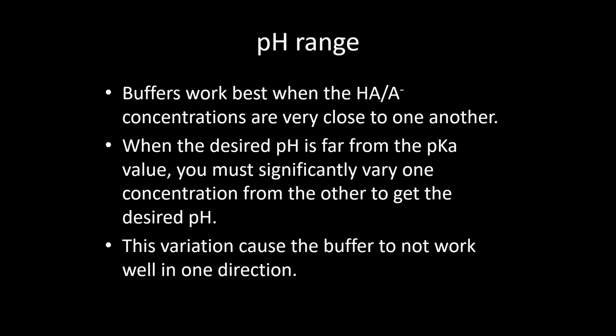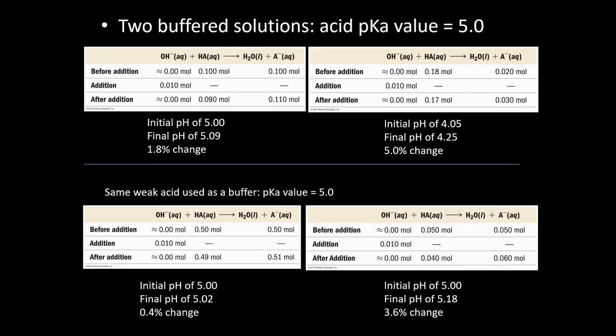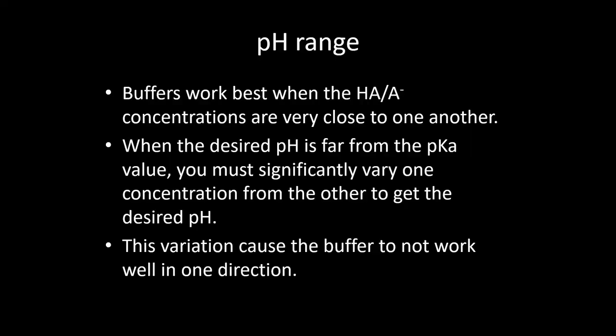Alright. So this is kind of reiterating what we were just talking about. Buffers work best when that ratio of concentrations is very close to 1. When the desired pH is far from the pKa, you have to significantly vary one concentration from the other to get the pH that you want. Alright. And it says here, this causes the buffer to not work well in one direction.